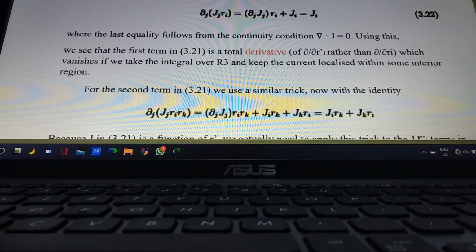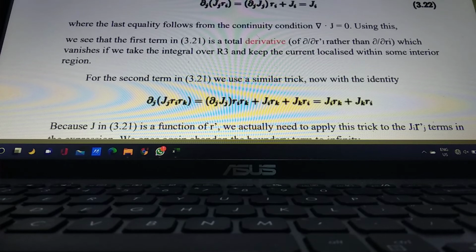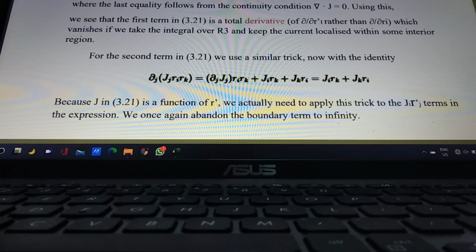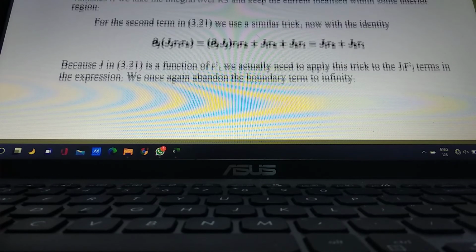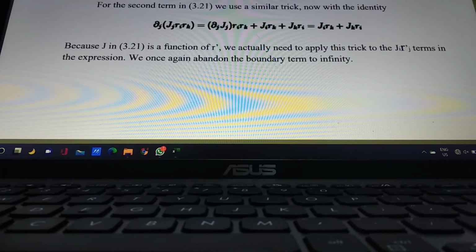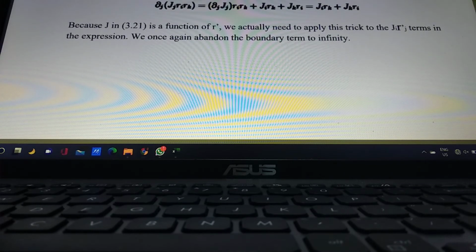For the second term, we use a similar trick with the identity ∂_j(J_j r_i r_k) equal to (∂_j J_j) r_i r_k plus J_i r_k plus J_k r_i, equal to J_i r_k plus J_k r_i. Because J_i is a function of r', we actually need to apply this trick to the J_i(r') term in the expression.